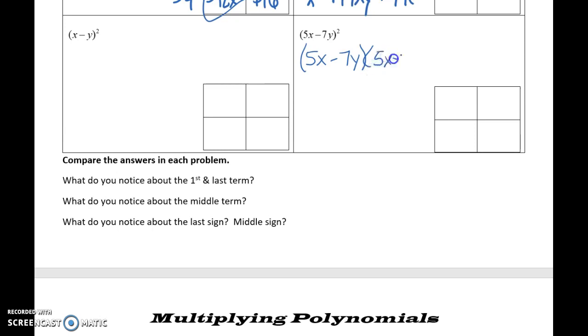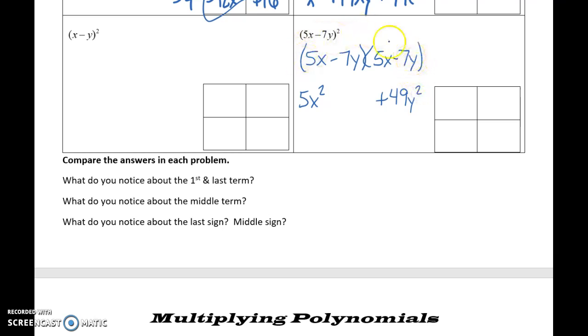All right, so writing this out twice is foiling, or like I said, you should be noticing a pattern where you can just square the first term to get your first term. Your last term you can square, so negative 7y times negative 7y is 49y squared.